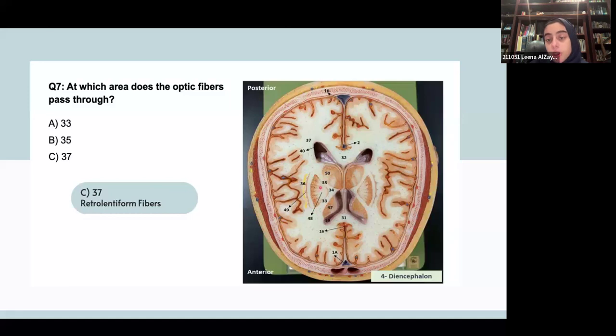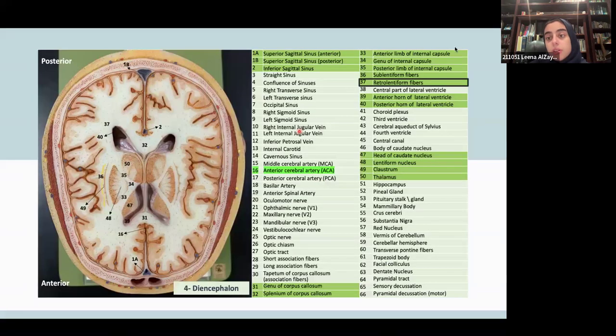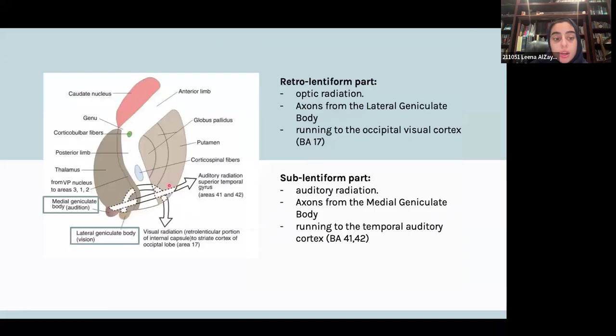And 33 doesn't make sense because it is the posterior limb, and optic fibers don't go through the posterior limb. 35 is the anterior limb and it doesn't make sense for it to go there either. So 37 is the answer, and it says retrolentiform fibers, and we said retrolentiform fibers are optic radiation axons from the lateral geniculate body running to the occipital visual cortex, which is over here.